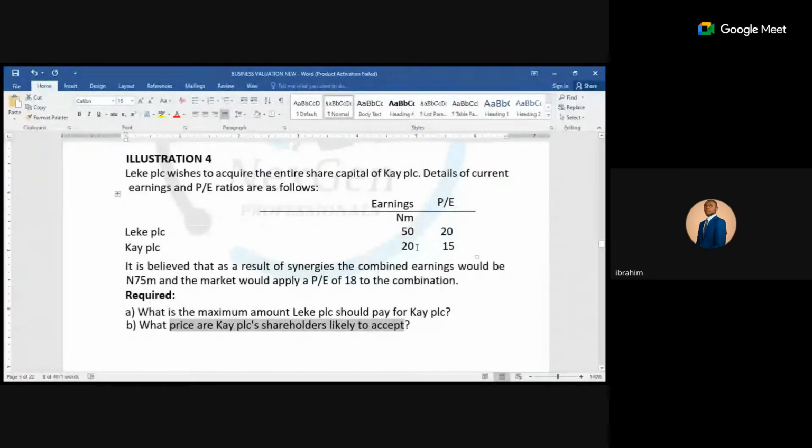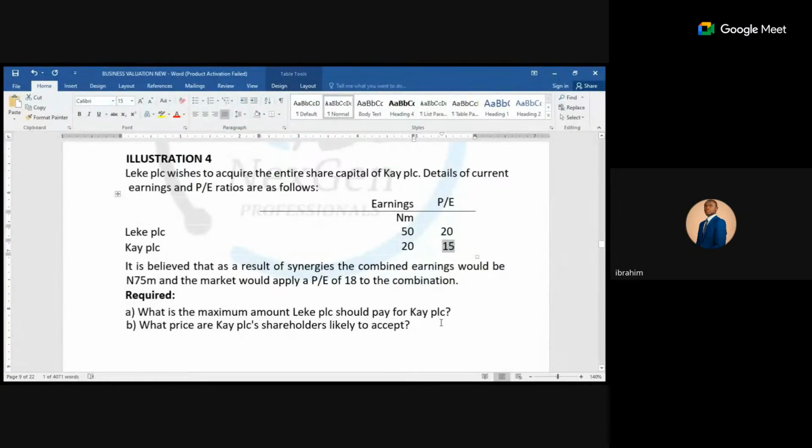You just come to your earnings and the PE ratio of the target company. When you multiply by 20, it gives you the market value, or the minimum market price that KPLC will be willing to accept. That will be the minimum amount.